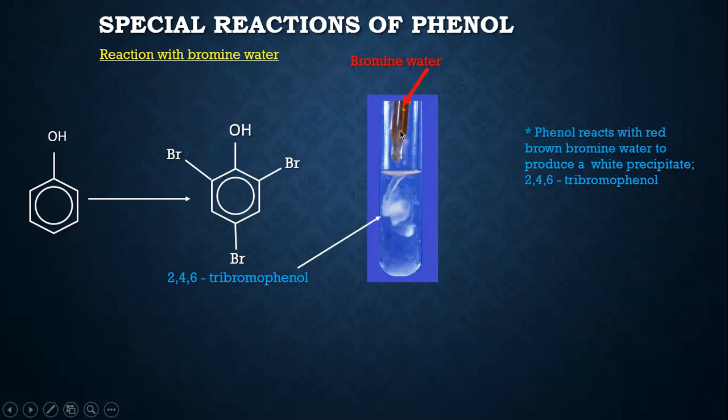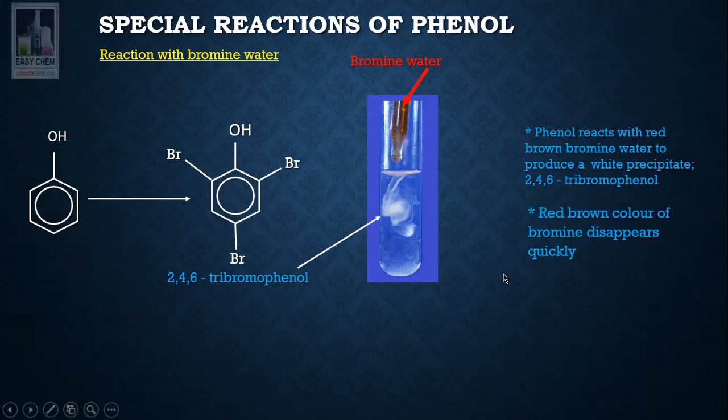But when you add this bromine water into this phenol solution, this colorless solution in the test tube, the color disappears immediately because of this reaction happening. So we say the red-brown color of bromine disappears quickly.